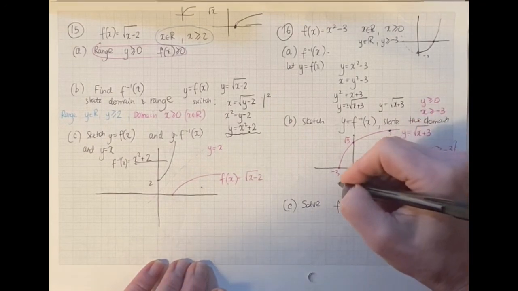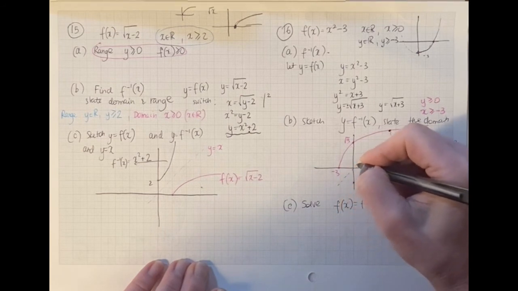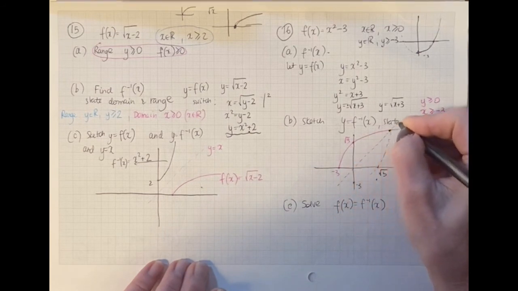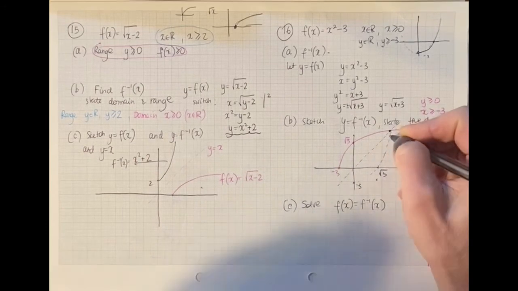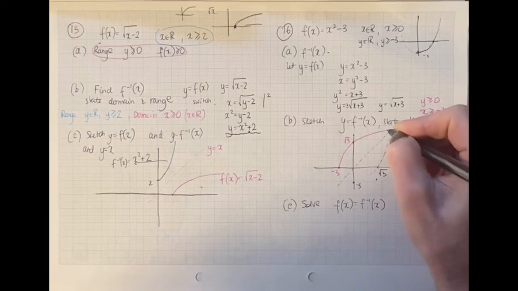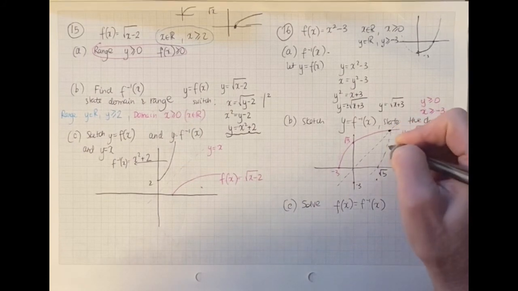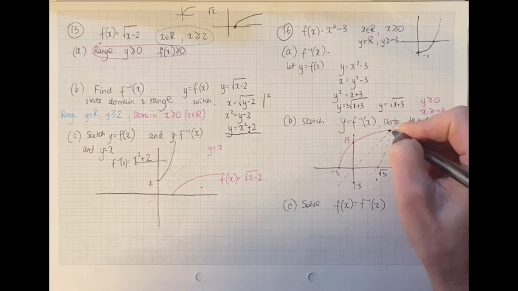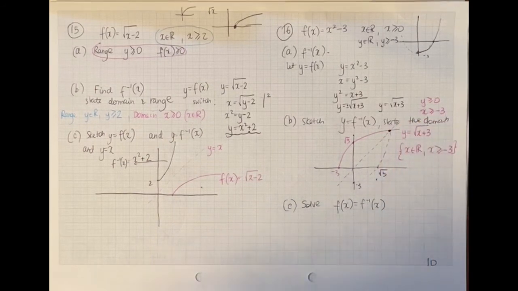As we mentioned before, when I sketched the inverses and the functions and the line y equals x, these three graphs always intersect at the same point. So wherever the inverse and the original function intersect, the line y equals x will also intersect this point.